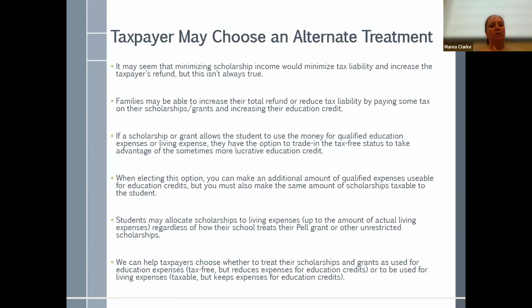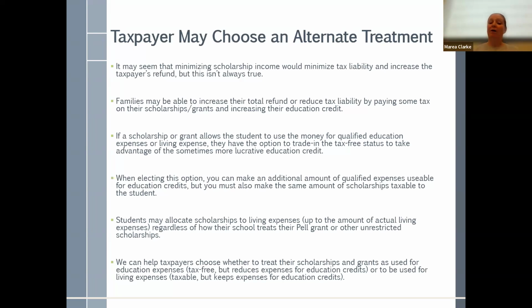Basically, there can be some game playing with whether you report something as a scholarship and claim expenses to net it out as zero, or maybe not report all of your expenses and claim a scholarship as income.